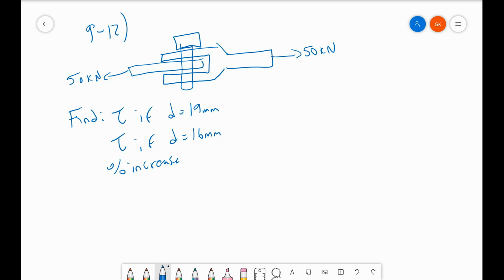Now first off we need to think about what our surface area is in this one. This bolt, if it breaks, we're going to see new areas of it. If I pull this piece all the way away, I'm going to see the top of this and the bottom of it.